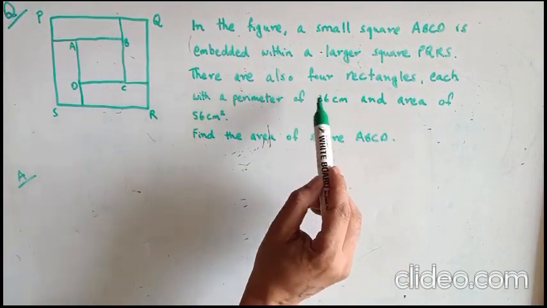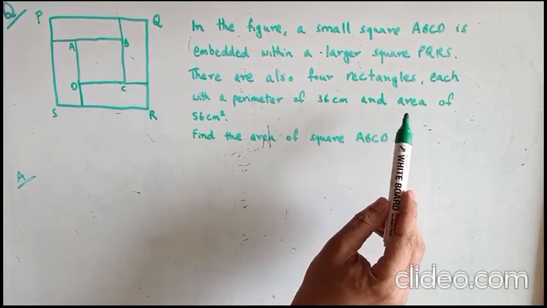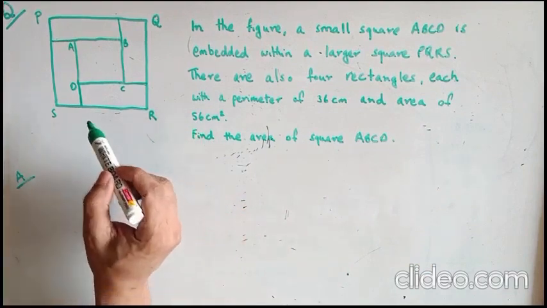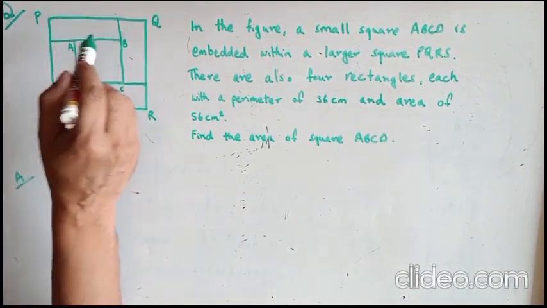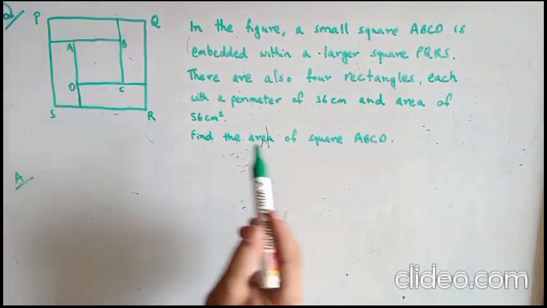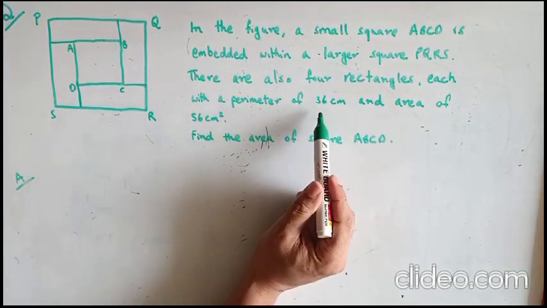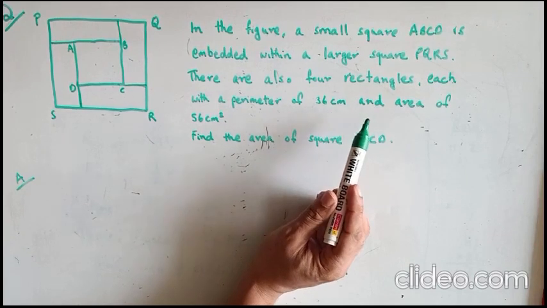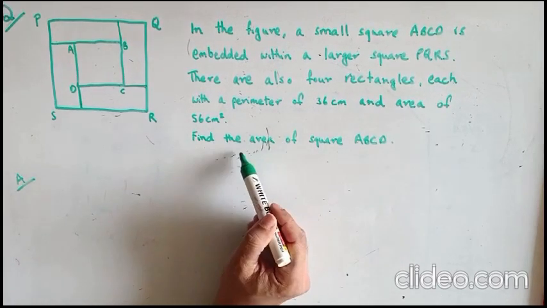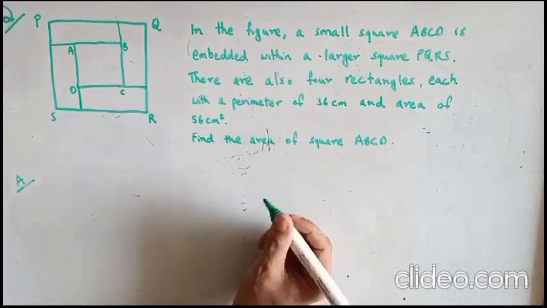There are also 4 rectangles, each with a perimeter of 36 centimeters and area of 56 centimeters. So these are the 4 rectangles which you can see, right? There are 4 rectangles here and each of them has got the same perimeter and also the same area. So we have to find out the area of the square ABCD, right?